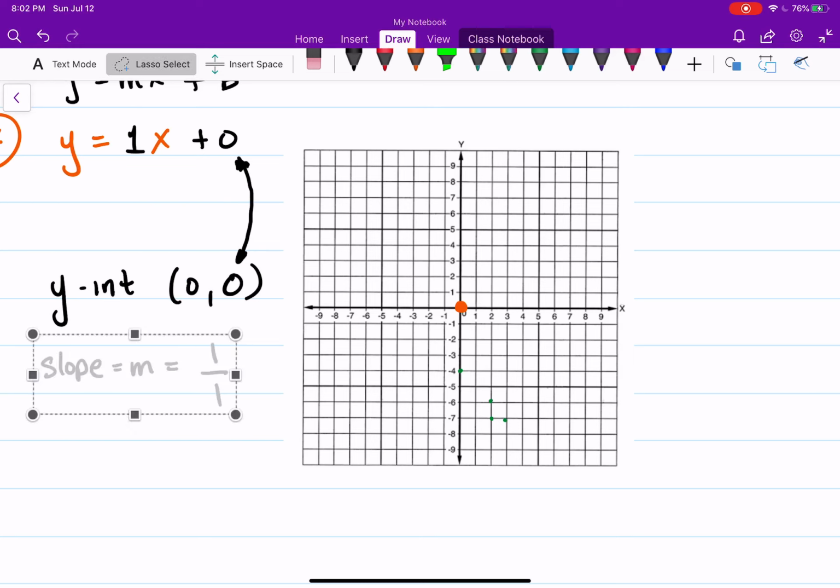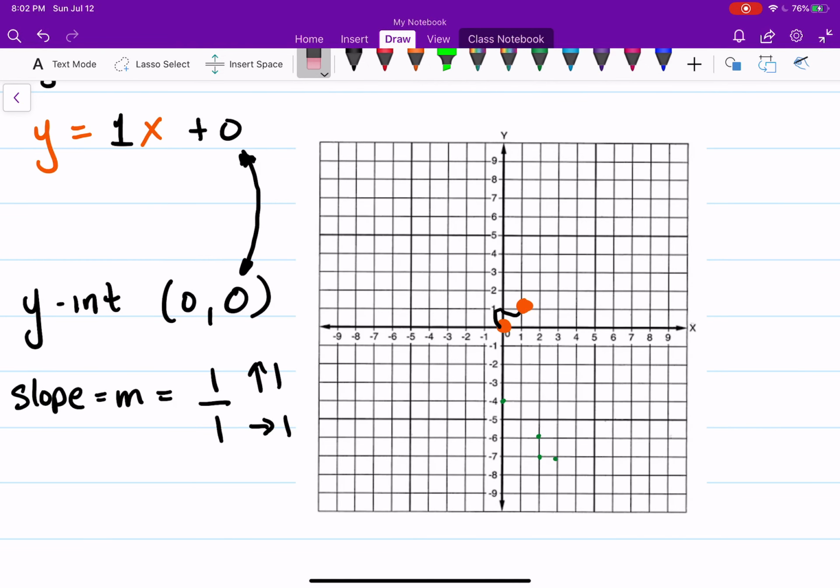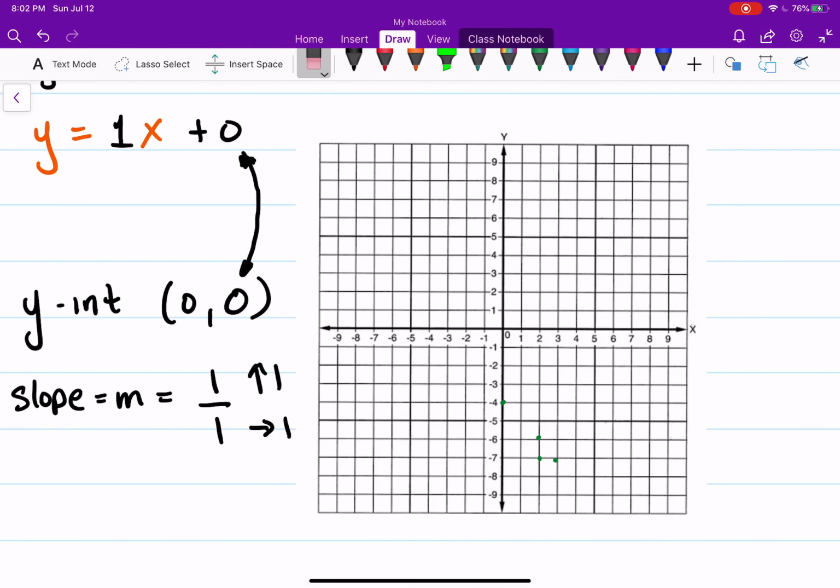Since there's a positive 1 on top, that means I'm going to move up 1. And the bottom 1 is positive, so I'm going to move right 1. So from here, I move up 1, right 1, and there it is. So there's my 2 points.